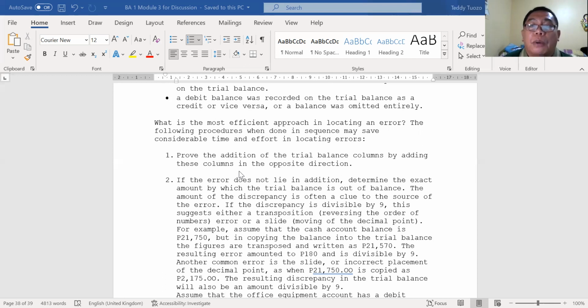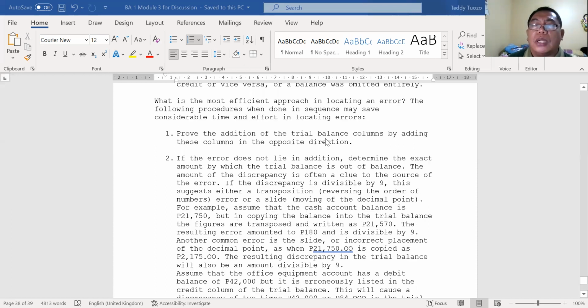Because dili man kita comfortable in footing or in adding from bottom to top, di ba we usually add from top to bottom. Ang instruction number 1 kay i-reverse from bottom to top. So again, if you're comfortable with that, then fine. But ako, I don't usually reverse the footing from bottom to up.